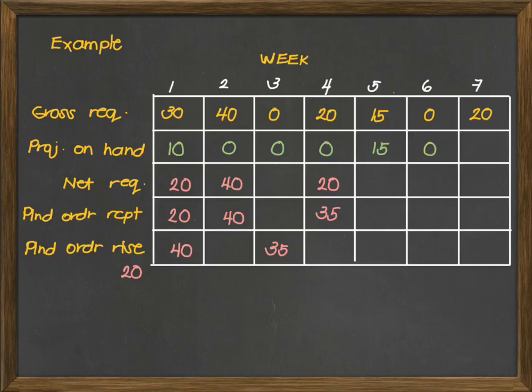So, it is 0 for the next period as our projected on hand. And then lastly, on week 7, we have no projected on hand. So 20 is our net requirement and the last encircled number in the previous slide is also 20. So that means 20 also needs to be ordered and this should be ordered a week prior to week 7.